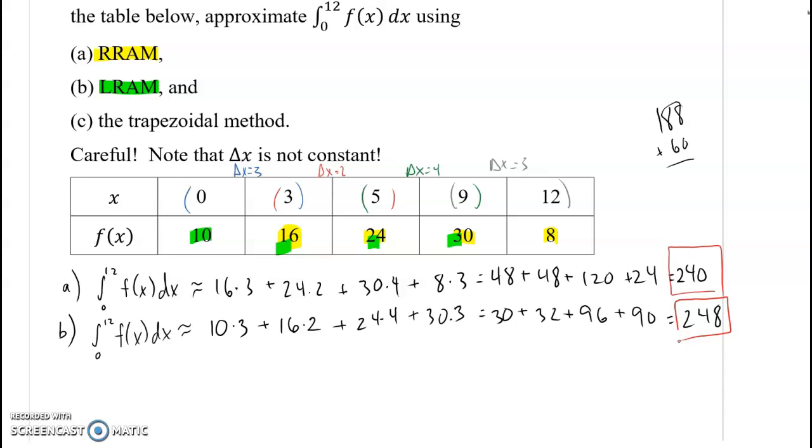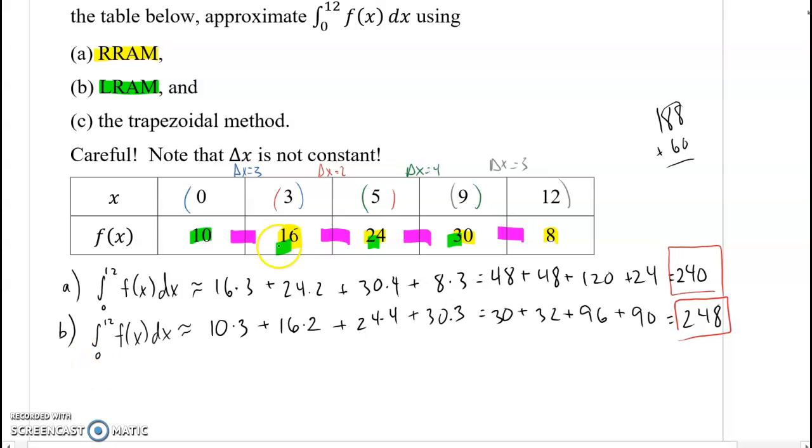And then finally, our trapezoidal method, well, that's going to use the 10 and the 16 in the first trapezoid. It's going to use the 16 and the 24 in the second trapezoid. It's going to use the 24 and the 30 in the third trapezoid, and it's going to use the 30 and the 8 in the fourth trapezoid. So this one's kind of nice because we're going to end up using all the different possible values.